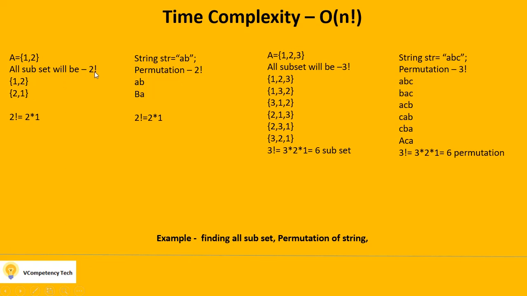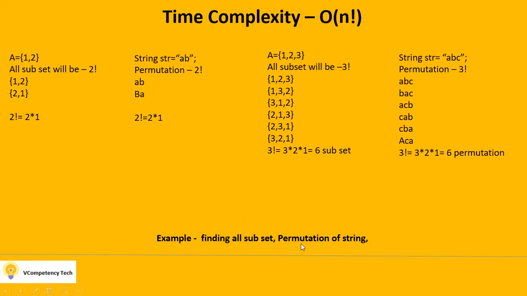What is factorial 2? Factorial 2 equals 2 into 1, 2. So 2 subsets we got. Here one set A, the elements are 1, 2 and 3. All subsets will be 6 times. And 6 is equivalent to factorial 3. 3 into 2, 2 into 1 equals 6 subsets.